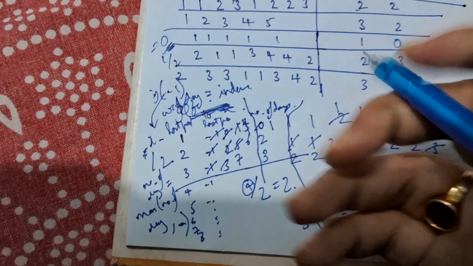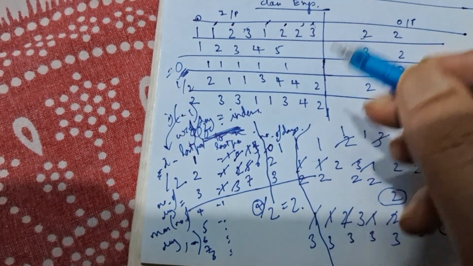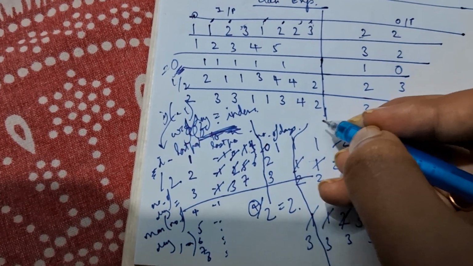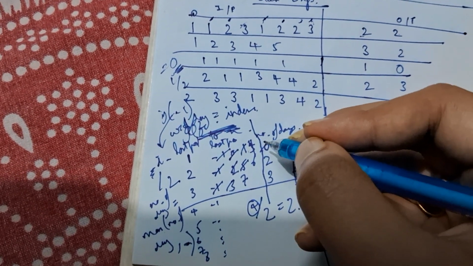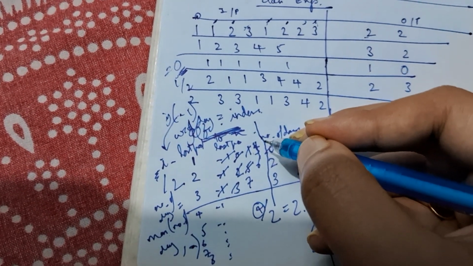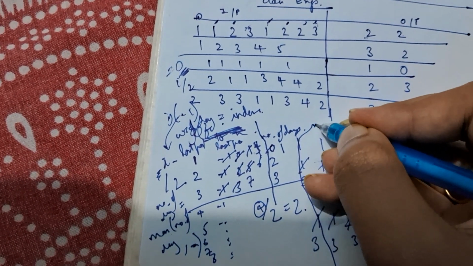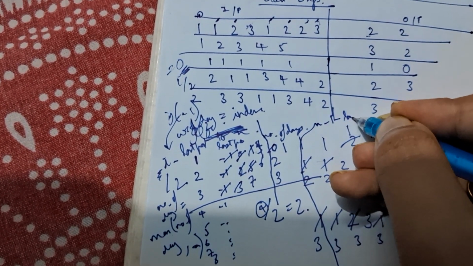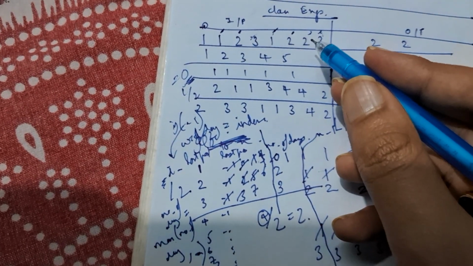Now after we are done with this, we are going to update number of days. We have to check which is maximum, number of days already present or n minus 1 minus last position. So n minus 1 over here is 7, right?